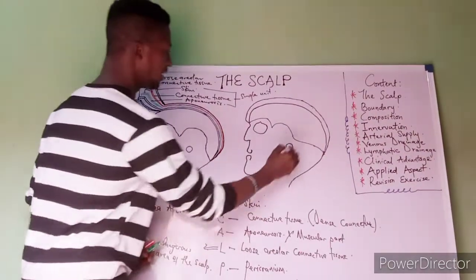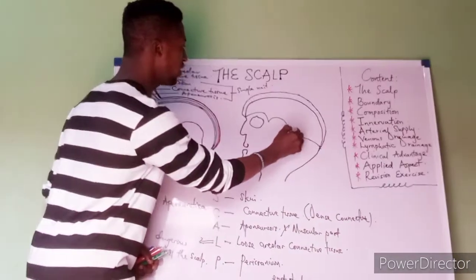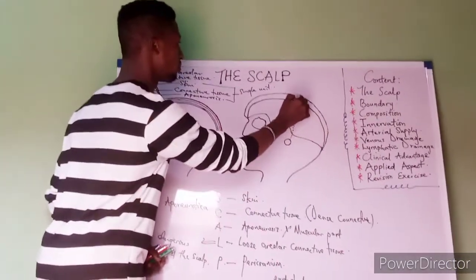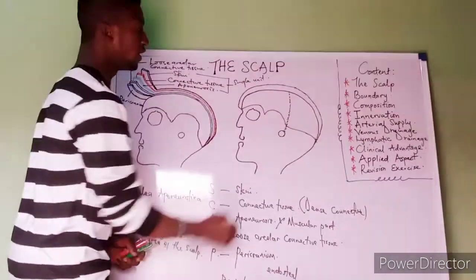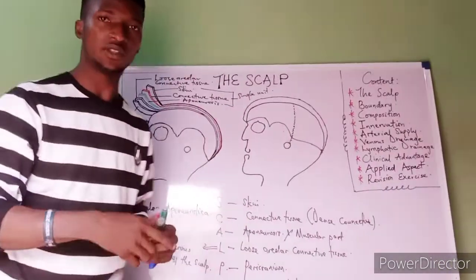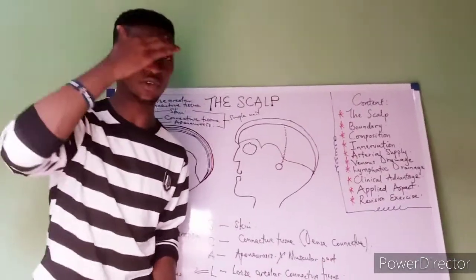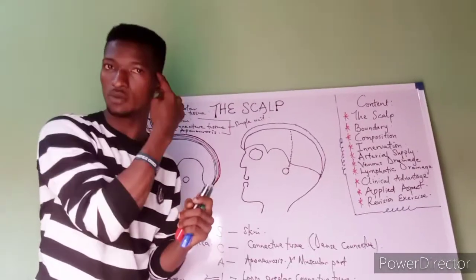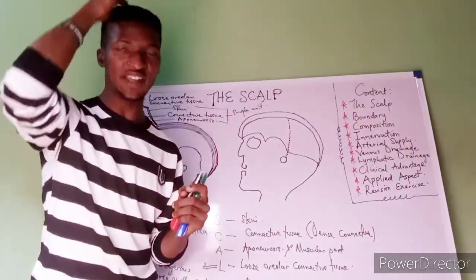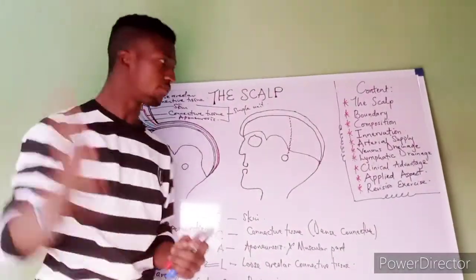Let this marking be the region of the hair. When we trace this up, it will separate the scalp into the front, which is the anterior, and the posterior.